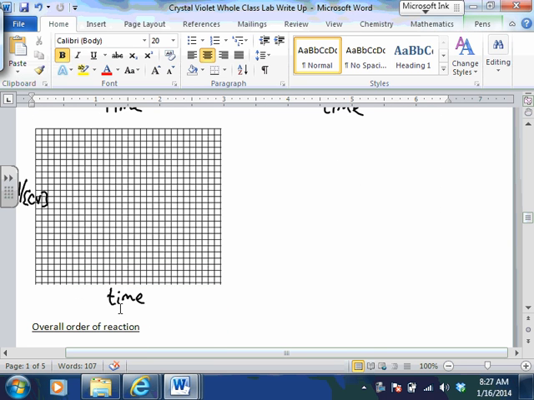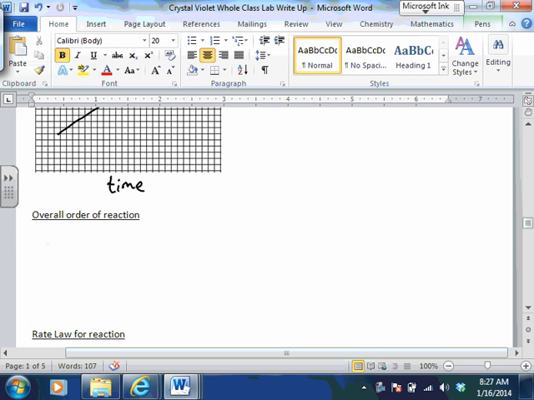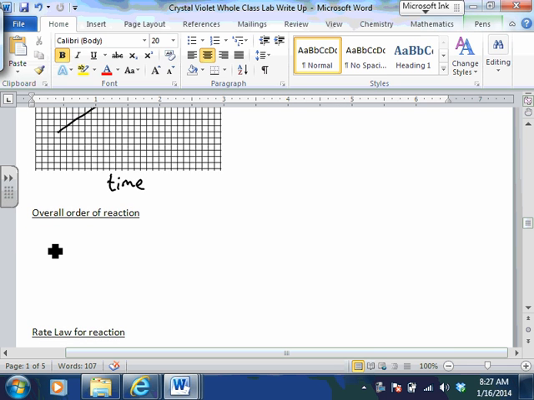If you get a straight line graph when you take 1 over the concentration versus time, again, notice the slope is positive here instead, then we're talking about a second order. So you can actually figure out the reaction order based on which of these graphs gives you a straight line. Okay, so that's how you're going to record this part right here, the overall order of the reaction. Okay? Give me 1 second here.